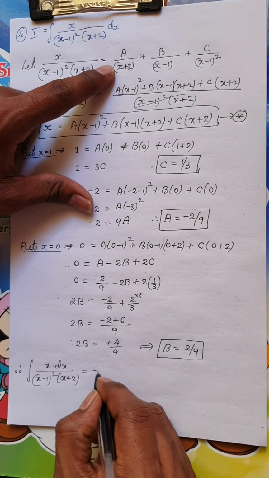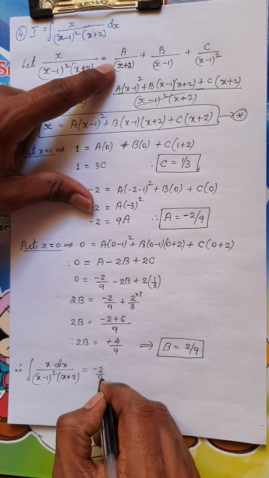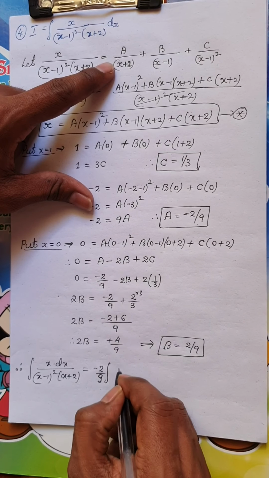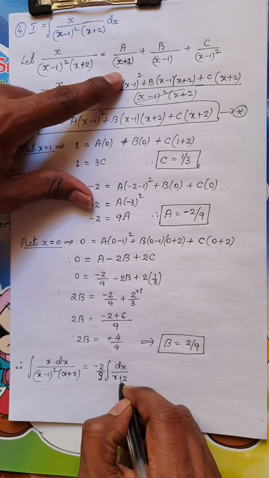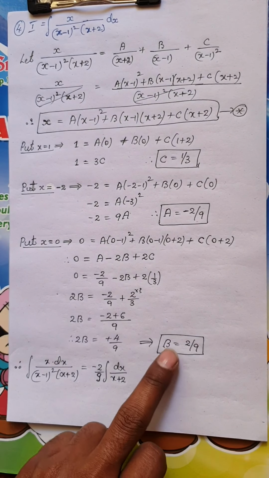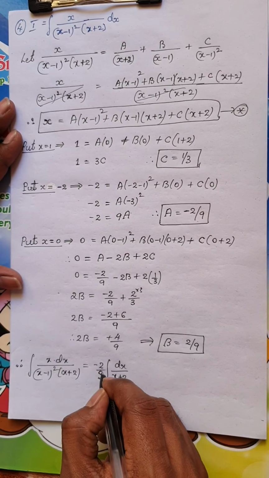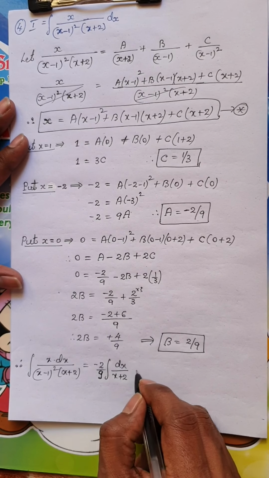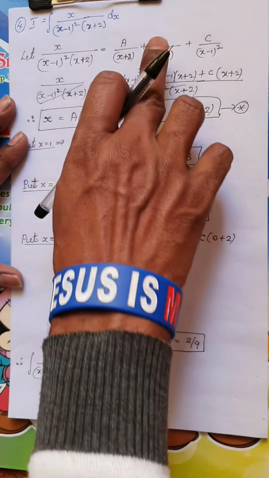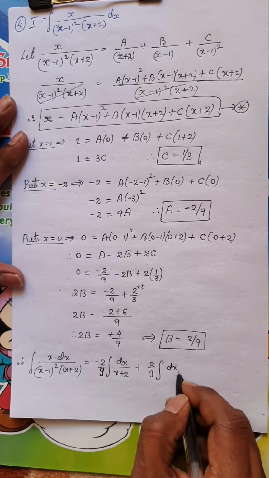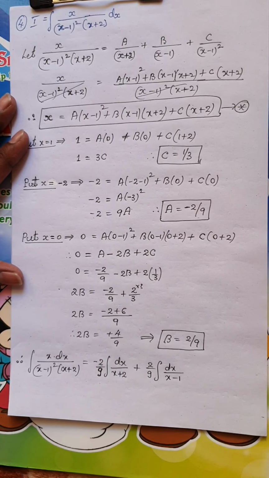Keeping the constant outside, minus 2 by 9 into the integral of dx divided by x plus 2. Similarly, what is the value of b? B is 2 by 9. Is it clear? Plus 2 by 9 into the integral of dx divided by x minus 1.